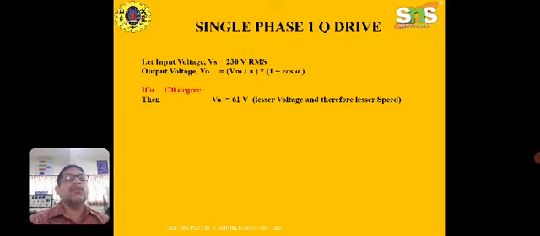It is a lesser voltage. The input is 230 whereas the output is 61 DC. Therefore the speed of the fan motor is less.